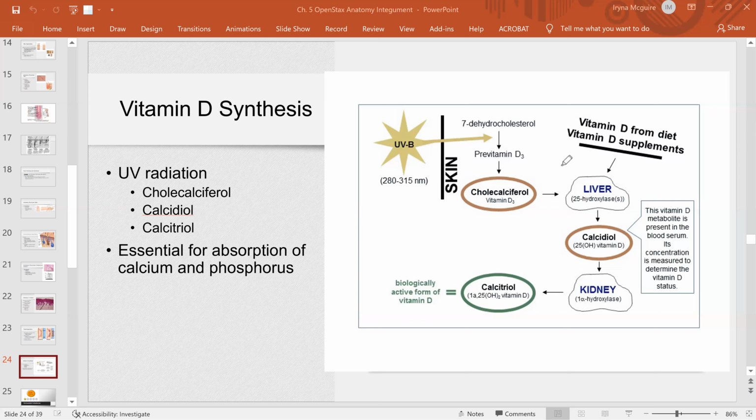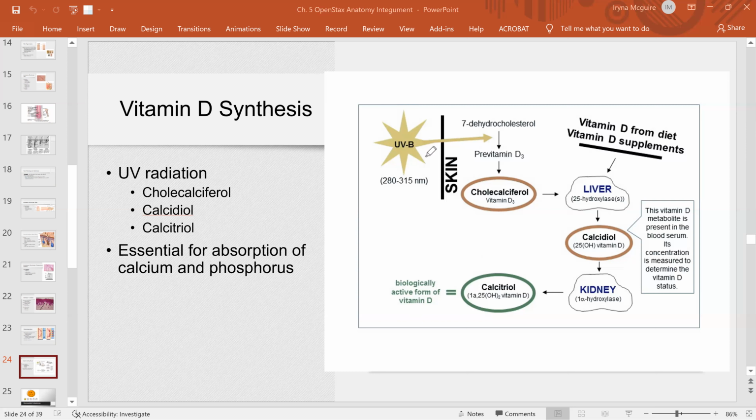Now, this inactive form of vitamin D is converted by your liver to calcidiol first, and then by your kidneys to calcitriol. What it does is add another OH group. You see this OH1, this is OH2, but this calcitriol is the biologically active form of vitamin D.